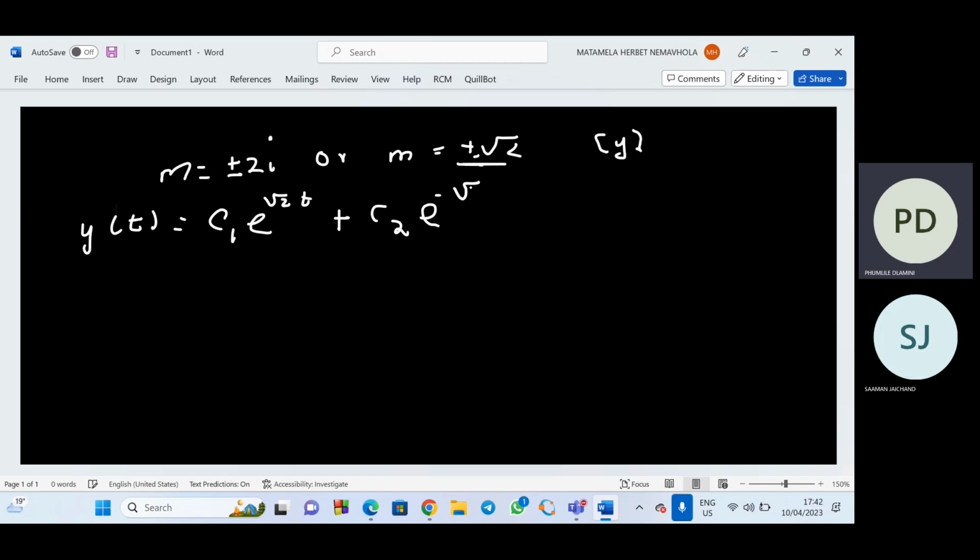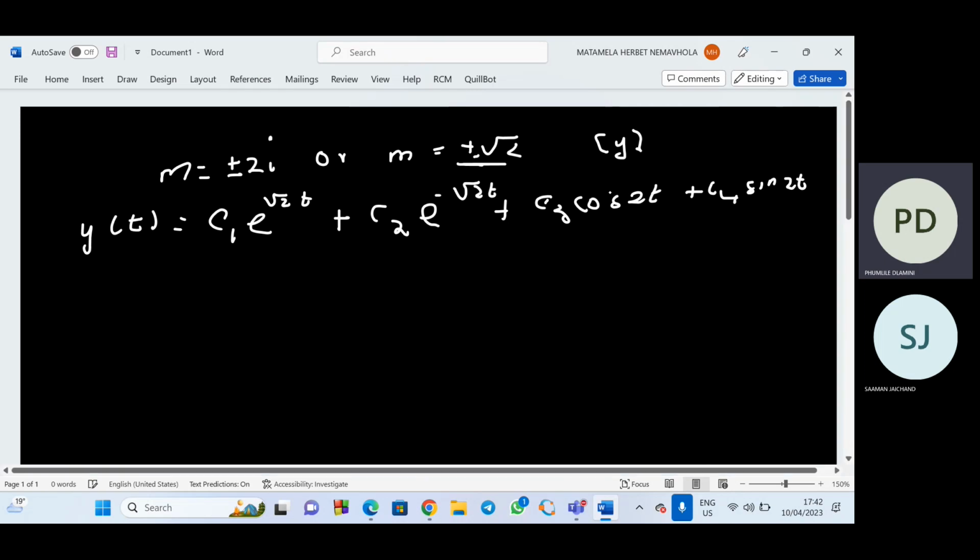Then for plus or minus 2i, we are going to use cos and sine. We'll have c3 cos 2t, plus c4 sine 2t.